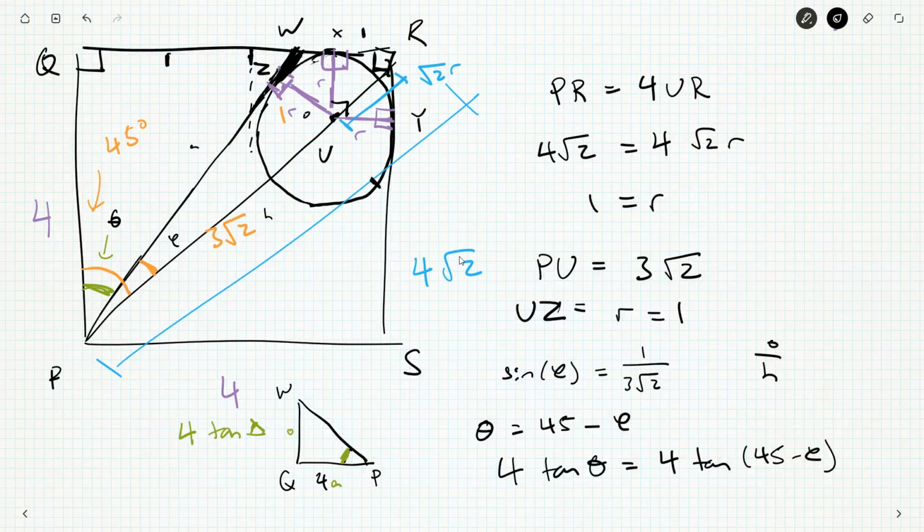But 13 degrees seems a little big for this phi right here. So should it be smaller? Opposite, adjacent, hypotenuse, sine, SOHCAHTOA.